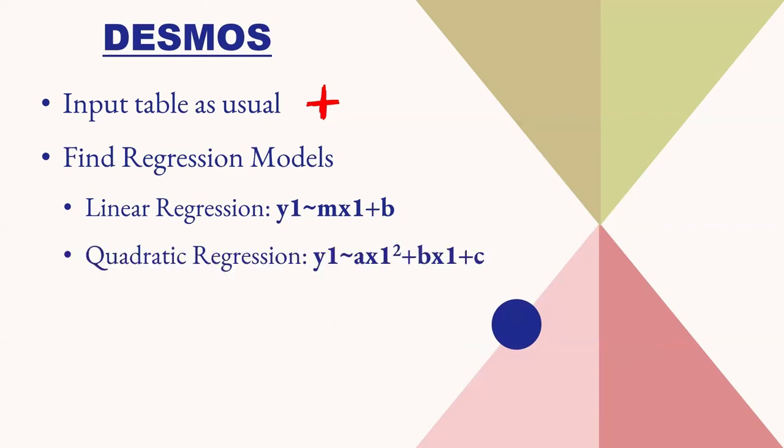Quadratic is a little different. Here's quadratic. It is y1 tilde ax1 squared plus bx1 plus c. To make the power, you're going to press Shift and 6, and that's how you make your squared power.